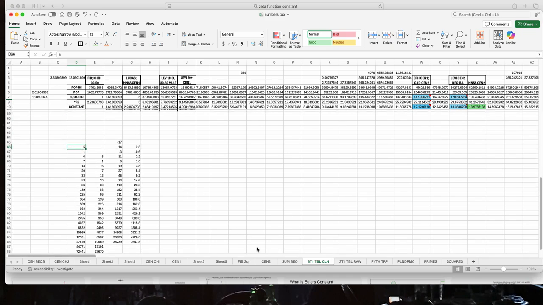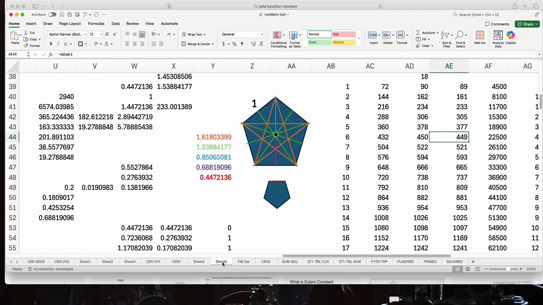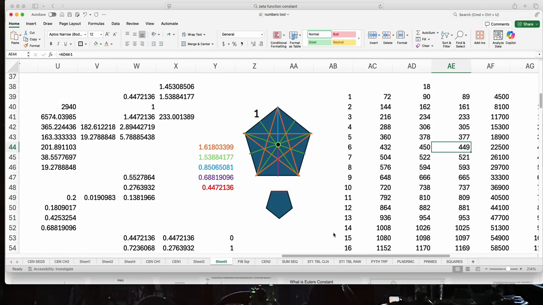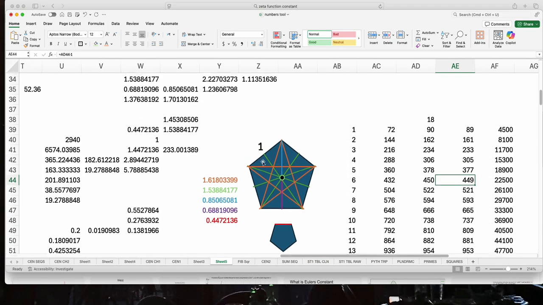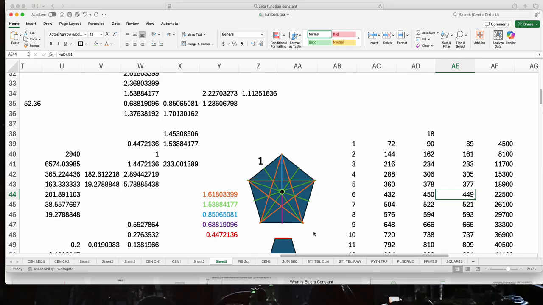Sheet 5. Okay, so I got to looking at this. Again, we're dealing with phi, and it's got to do with the breakup of a circle and a pentagon and a pentagram here. So again, this is going to be interesting.